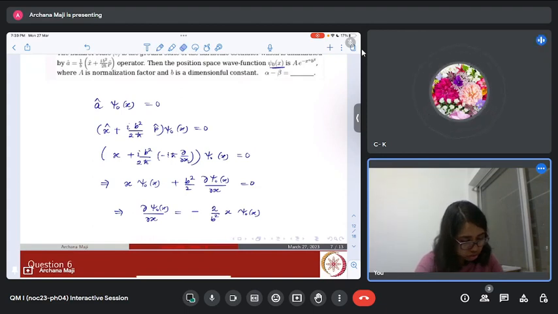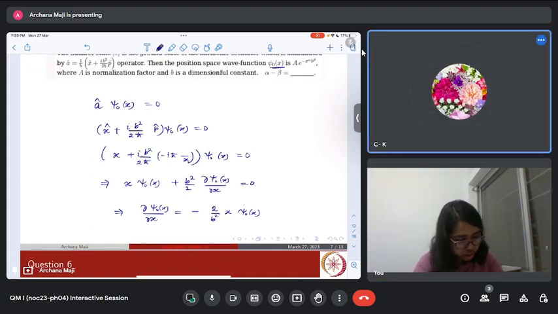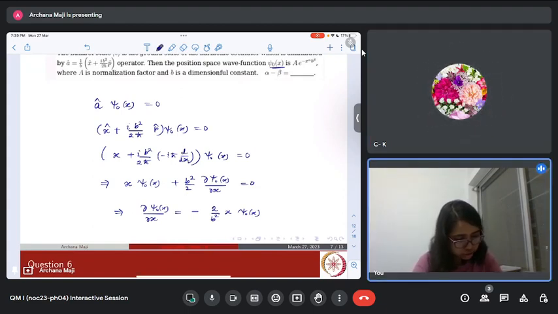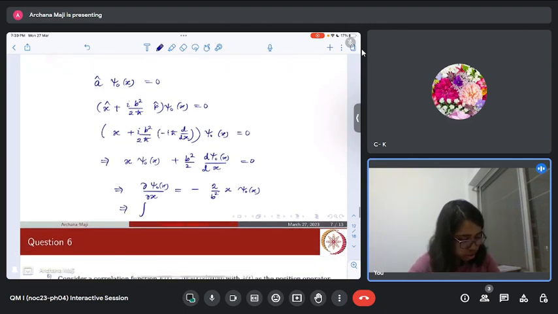Yes, ma'am. There is an exponential. So, exponential what? Do it. You need to take psi 0 to the left, so it's integration of d psi 0 over psi 0 equals minus 2 over b square, which is a constant, take it outside the integration, x dx integration.